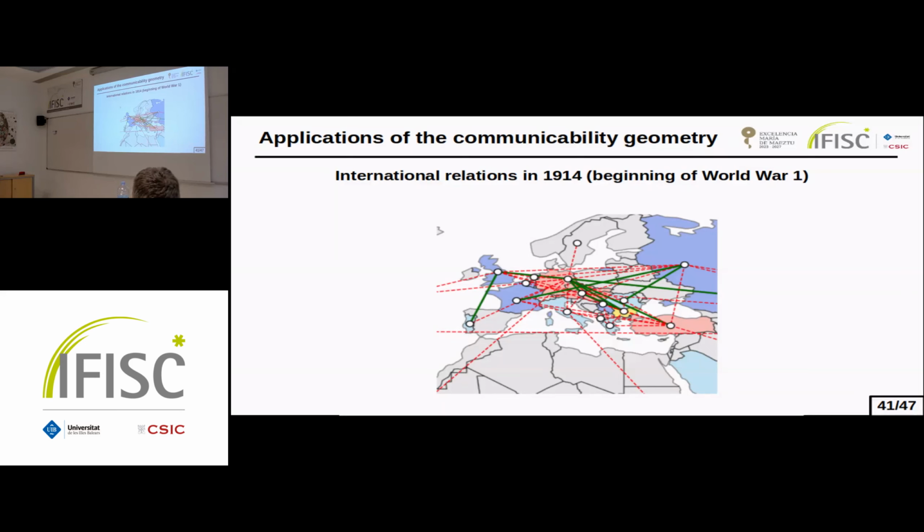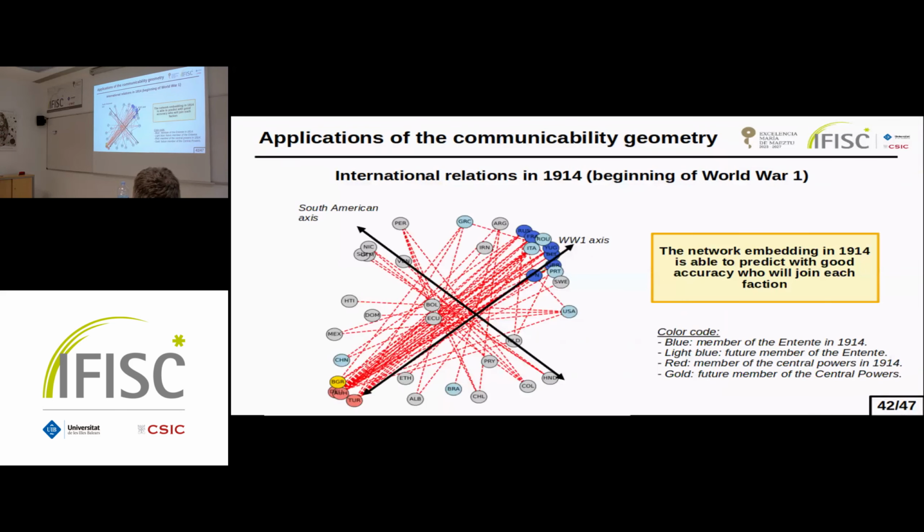If we use the communicability embedding with the network of 1914, what we see is that the countries that declared war on the Entente side are clustered in one pole and the Central Powers are clustered in another pole.